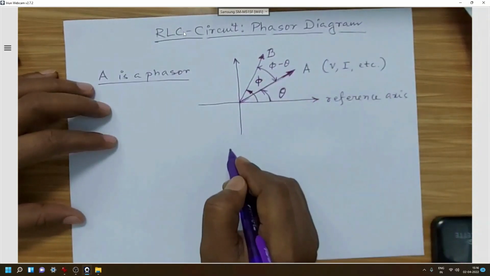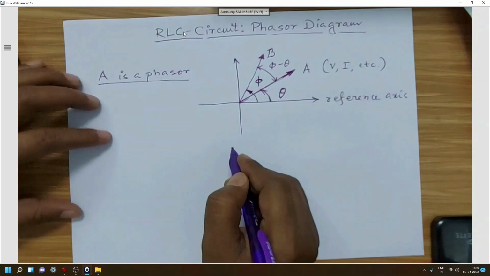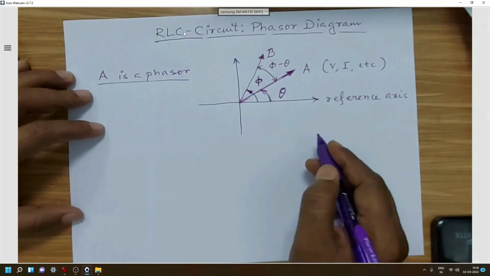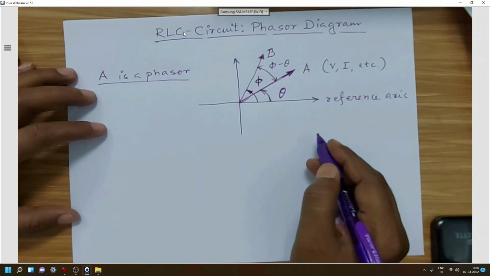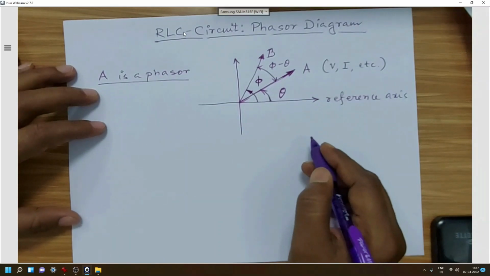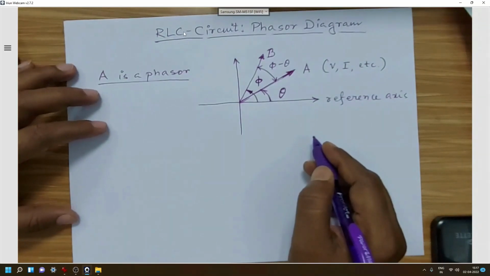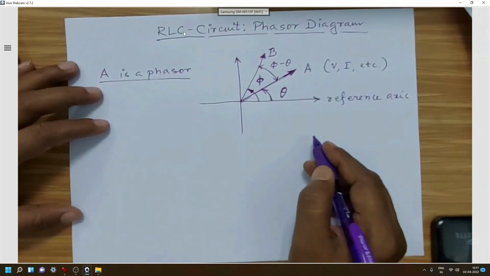So in this way we can represent quantities along with the time frame. That means their phase or phase angle.